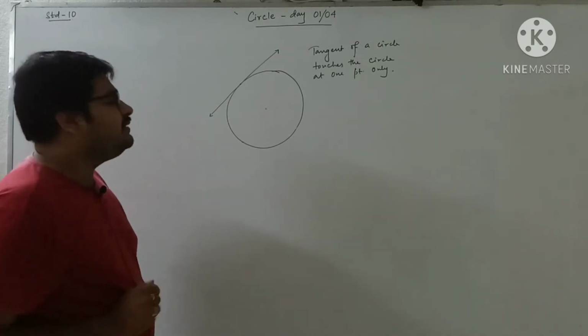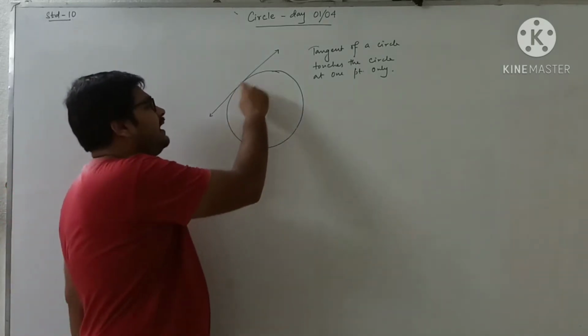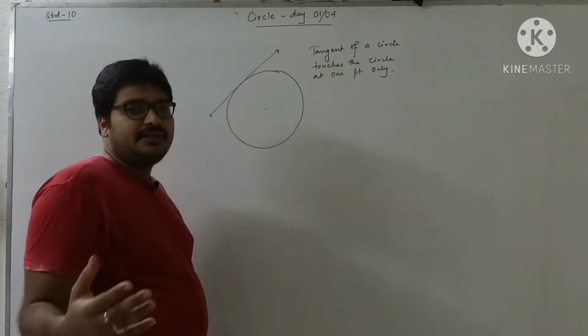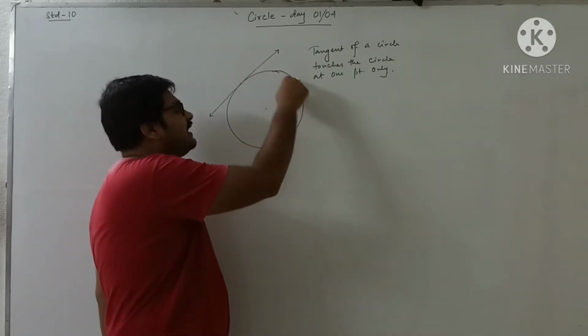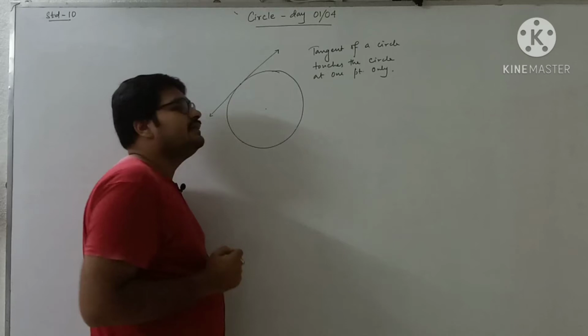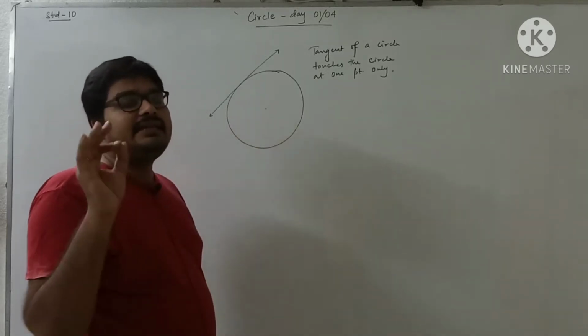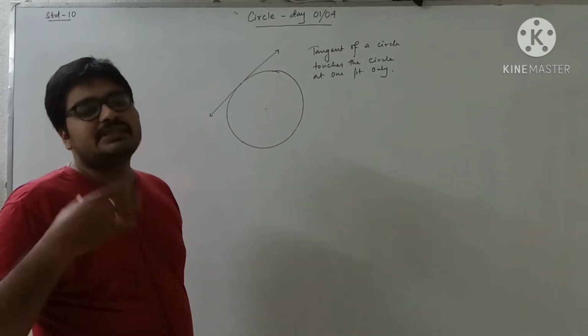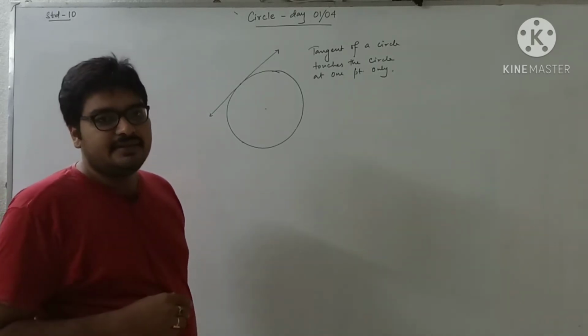Just think about it: how many points are there on the circumference of a circle? There are infinite, or uncountable, number of points on the circumference of a circle.